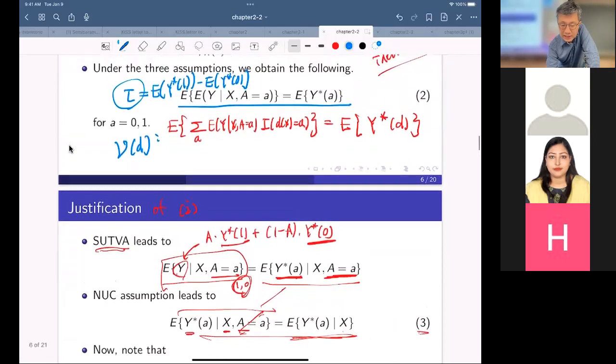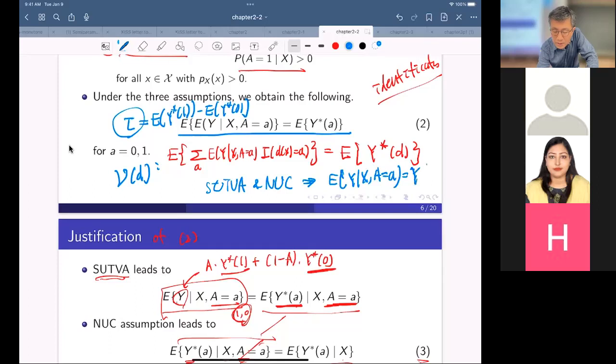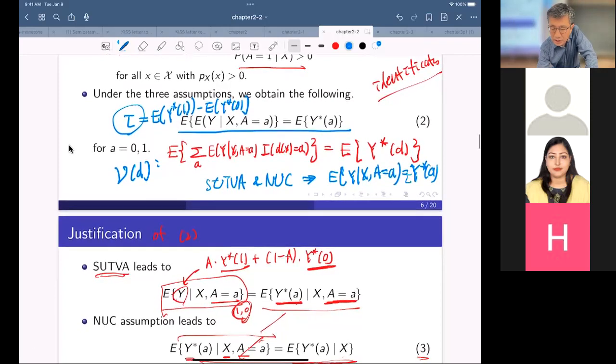and NUC only show the equality inside the outer expectation. Let me emphasize this a little bit, because that's actually quite an important and good question.